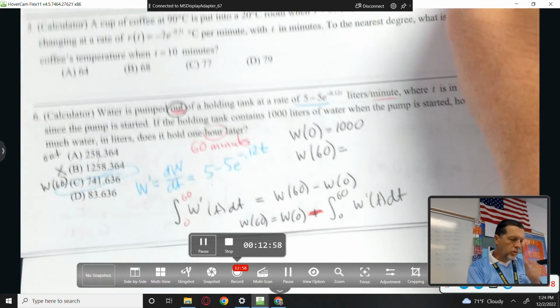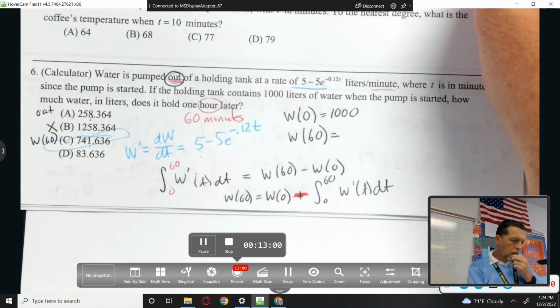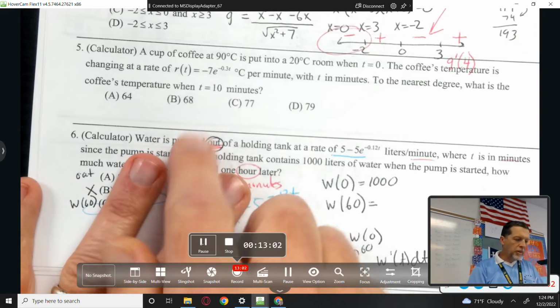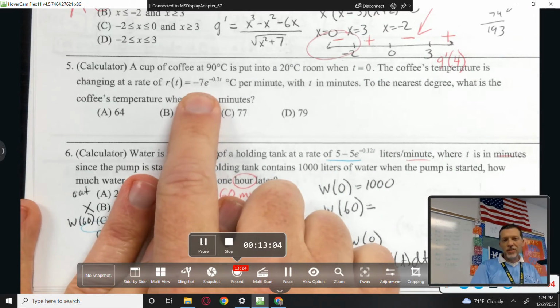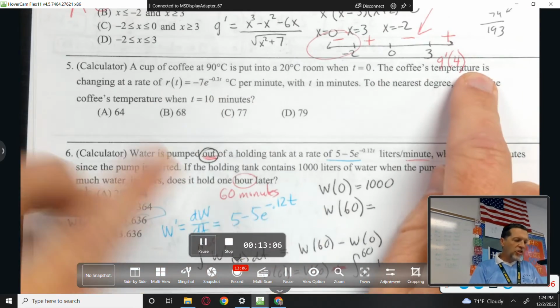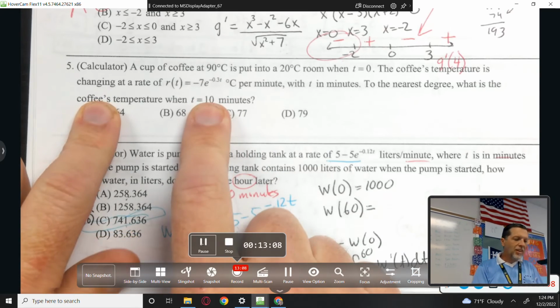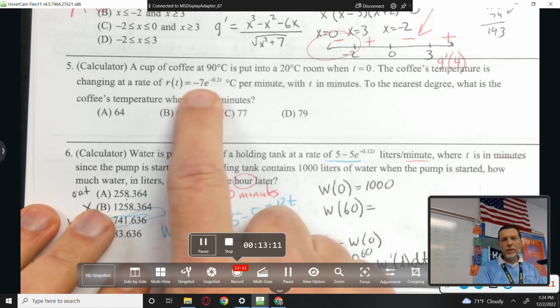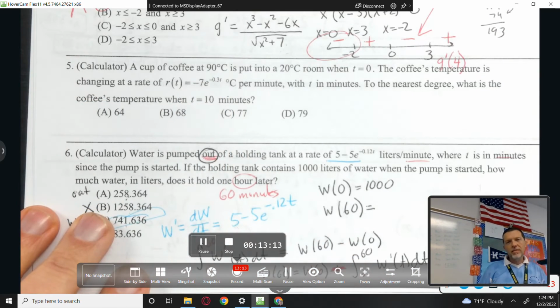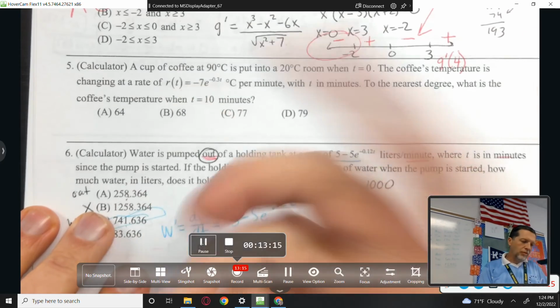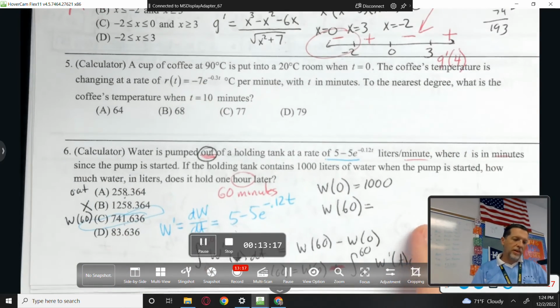Good question. Number 5 is similar, although it's a little bit easier on the signs because it says changing at a rate and then there's a negative, so it's going down, but that's built into the formula. You don't have to worry about the pluses and minuses as much on number 5.